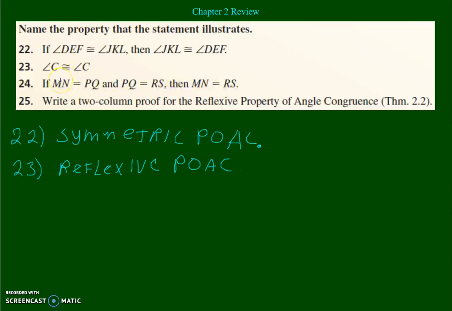In this case, we call this the transitive property, and this is the transitive property of equality because we're dealing with equality here, the equality of segment lengths. So for 24, this is the transitive property of equality. Okay, now on to problem 25.